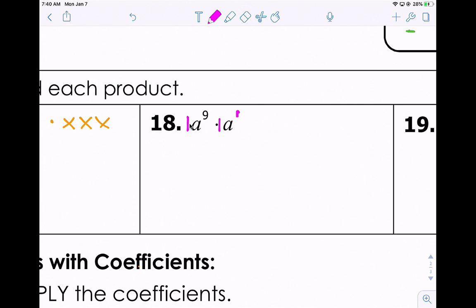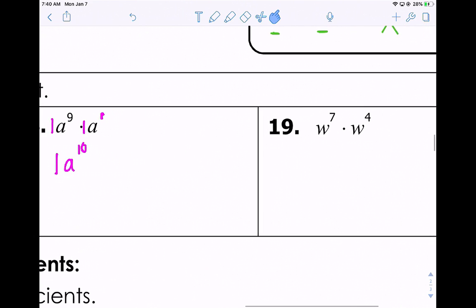So we do 1 times 1, so the coefficients, the 1 in the front, 1 times 1 is still 1. We leave a, that's our only variable, and now we add these together. So 9 plus 1 would be to the 10th. 1a to the 10th. And that's our final answer.